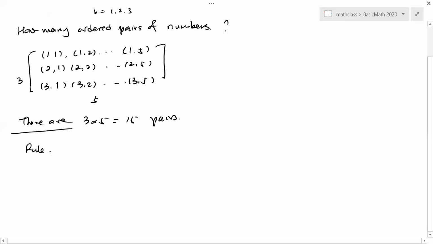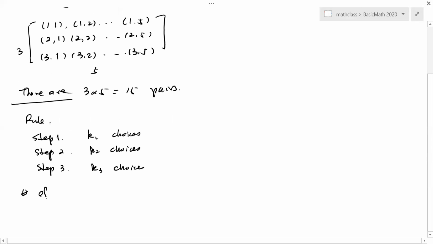If the procedure to count something involves several steps, step 1 has K1 choices, step 2 has K2 choices, and then step 3 and so on has K3 choices, and those steps are independent, then the number of ways to complete the counting is just the product of those numbers.